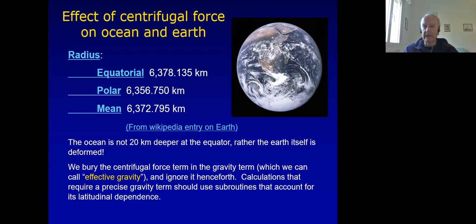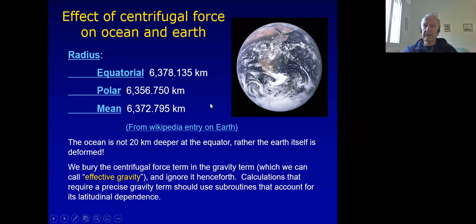Except for calculations that require a precise gravity term, we should also use the centrifugal force and its latitudinal dependence. In that case, we have to use precise calculations of the centrifugal force.